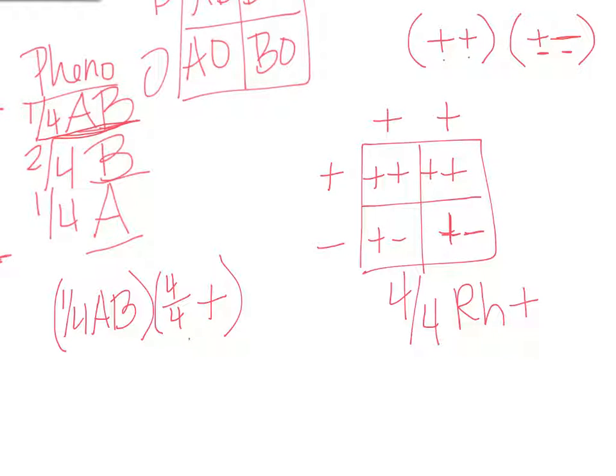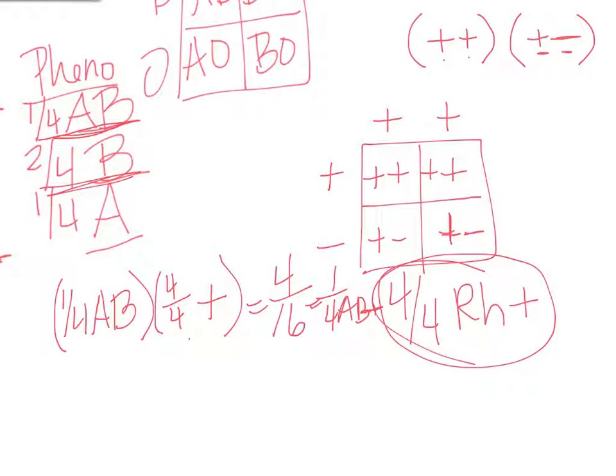We would multiply that together, so there would be a 4 out of 16, which reduces down to a 1/4 chance of being AB positive, right? So you'd go through and multiply, just like you would for a dihybrid, all of these possibilities by this possibility, and then you could figure out, hey, this person will be AB positive, this is B positive, and then A positive.